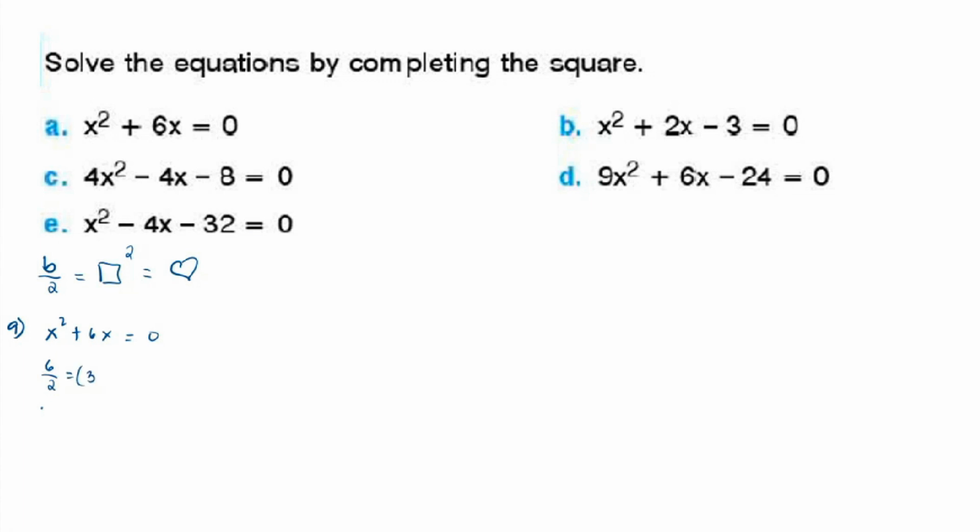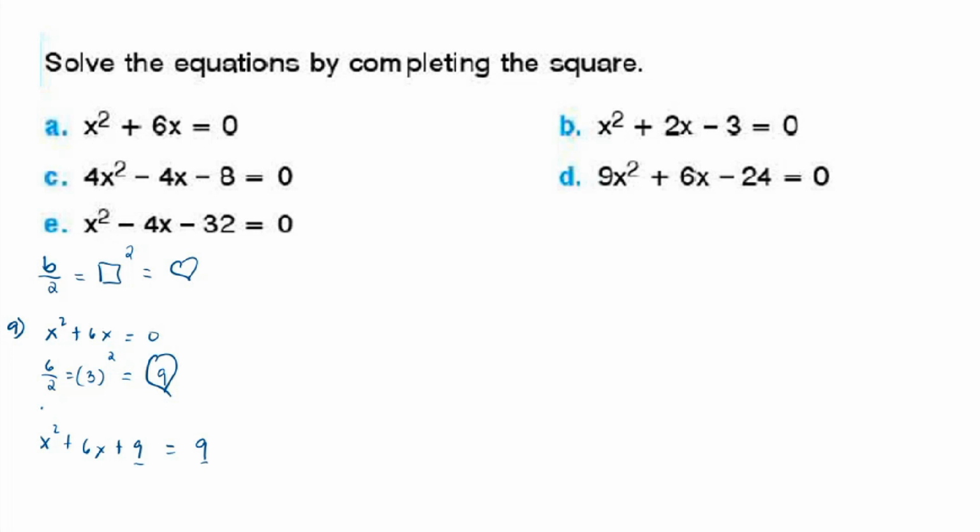Then whatever the quotient will be raised to the second power, and 3 squared is equal to 9. And this is now the number to be added. So I will write now as x squared plus 6x plus 9 is equal to 9. So this is the number that we added in both sides of the equation.